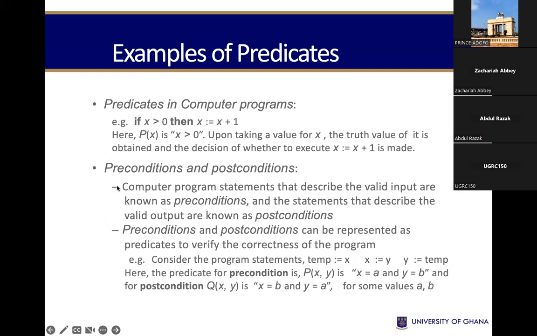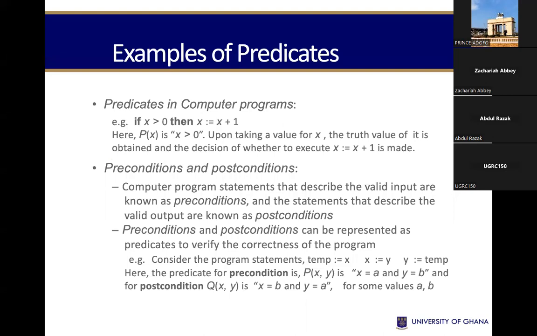Now let's look at preconditions and postconditions. Normally when we talk of preconditions, basically there are some values which are valid. Please, a quick one. All right, go ahead. Does it mean the predicate in the computer program, the first example we did? So in this case we have an implication.